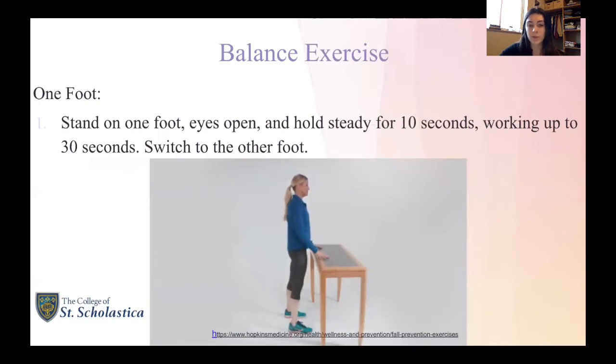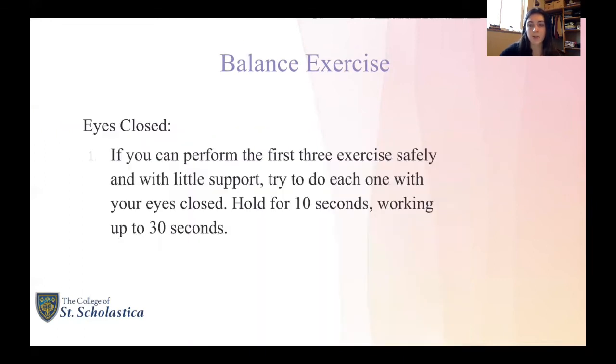Stand on one foot with your eyes open, hold steady for 10 seconds, working up to 30 seconds. Switch to your other foot after that. Then you can do it with your eyes closed. So if you can perform the first 3 exercises safely and with little support, try to do each one with your eyes closed. Hold for 10 seconds, working up to 30 seconds.